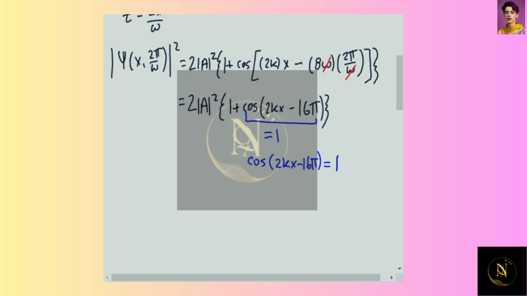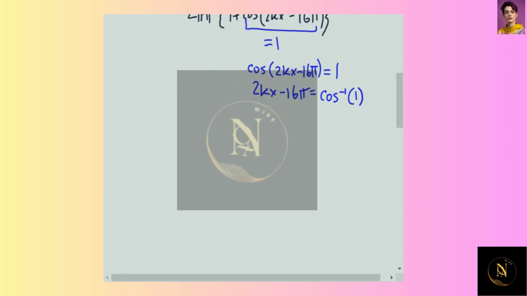We can take the inverse cosine on each side and find that 2kx minus 16 pi equals the inverse cosine of 1. The inverse cosine of 1 goes to 0.